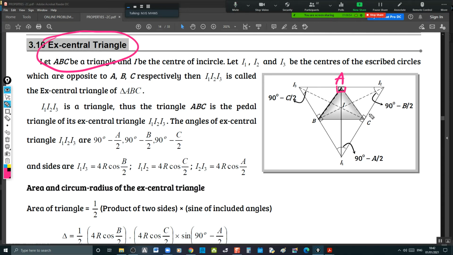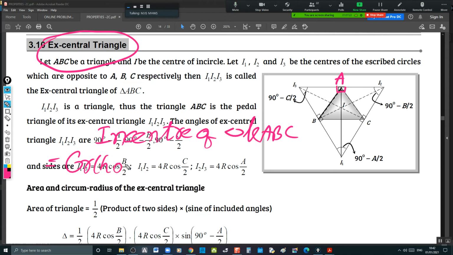So the point to be noticed is that the incenter of triangle ABC is equal to the orthocenter of the excentral triangle I1, I2, I3. That's the point to be remembered. It can be given directly in the objectives.